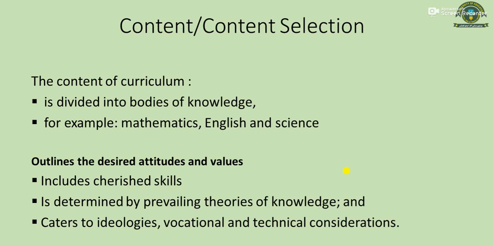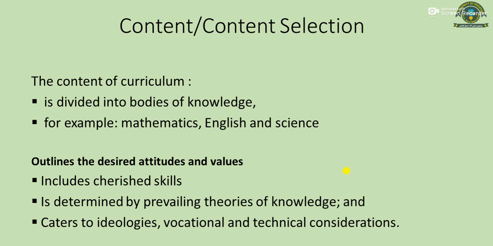Then the next is the phase of content or content selection. The content is based on knowledge like maths, English, science, Urdu, social studies, Islamiyat. Or it outlines or describes behavior and values by developing skills. It is based on different theories. Then it should cater to the ideology of the society.